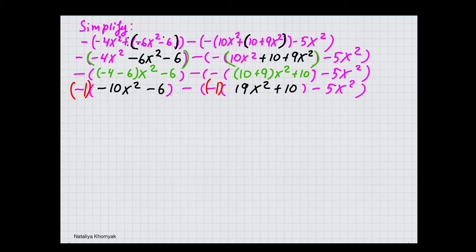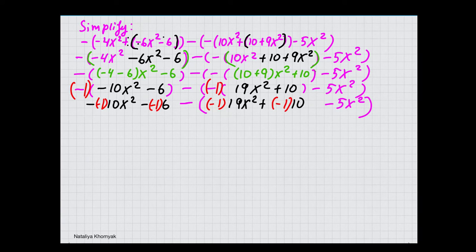So we have negative 10x to the second minus 6 times -1, and we still have this parenthesis and it still has negative 5x to the second untouched. We are only distributing this -1 into 19x to the second plus 10. So times -1.